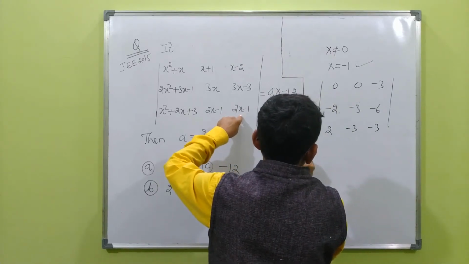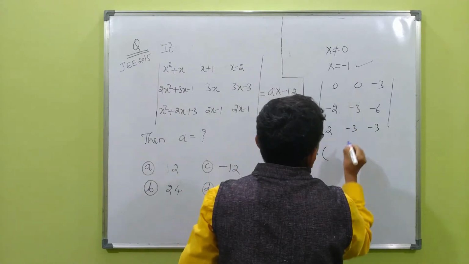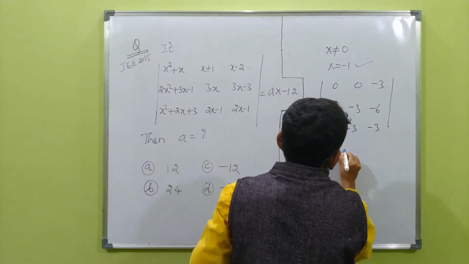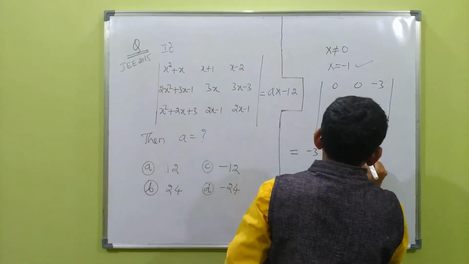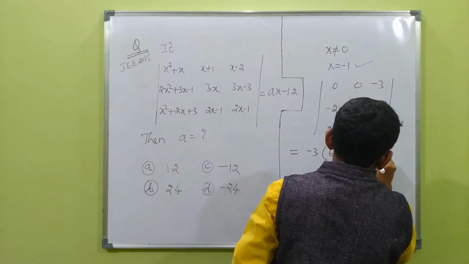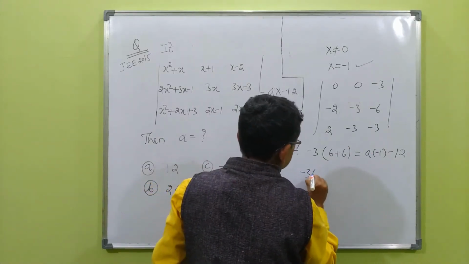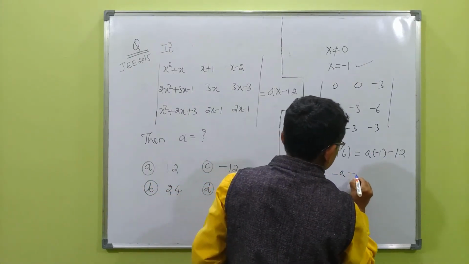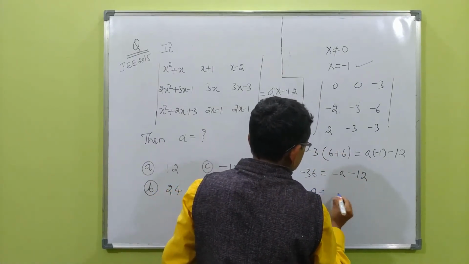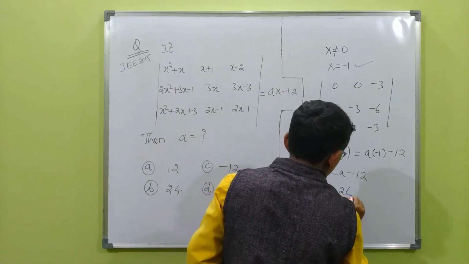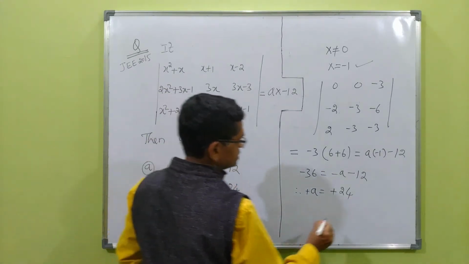So this is equal to minus 3 times, this is 6 plus 6, is equal to this much, a into minus 1 minus 12, that is minus 36 is equal to minus a minus 12, or minus a is equal to minus 24, or a is equal to plus 24. So B is the correct answer.